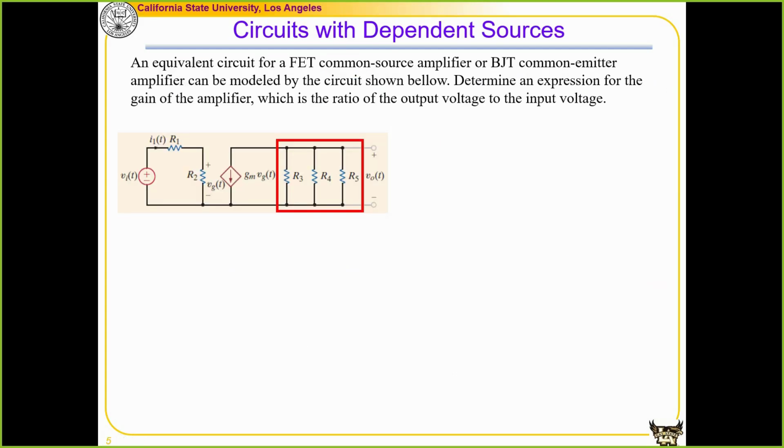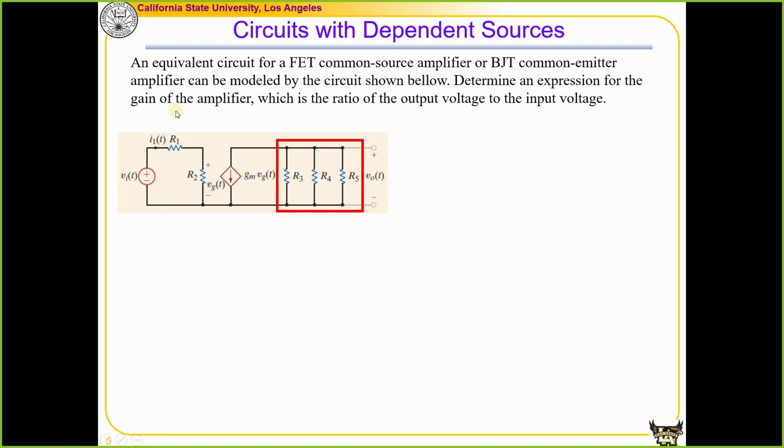So the next topic is about circuits with dependent sources. We already dealt with problems with independent sources. So now let's look at one problem with dependent sources. Over here, this is the equivalent circuit for a FET common source amplifier or BJT common emitter amplifier, which can be modeled by the circuit down below.